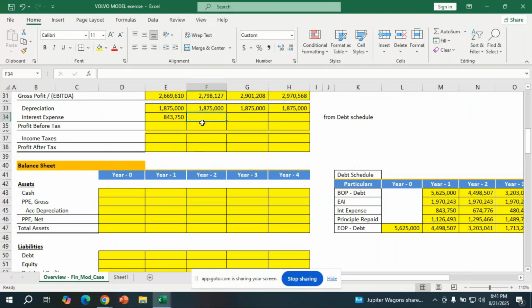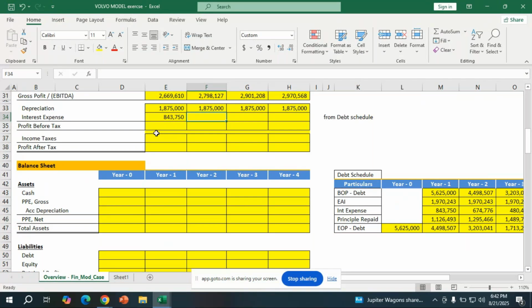The first year we already put 8,43,750, and for the rest of the years, we are supposed to transfer the amount from the debt schedule.